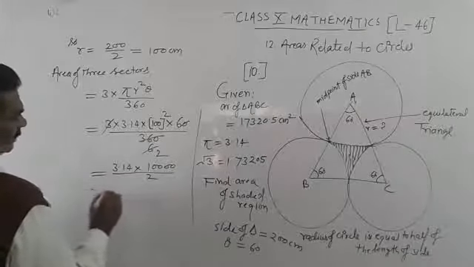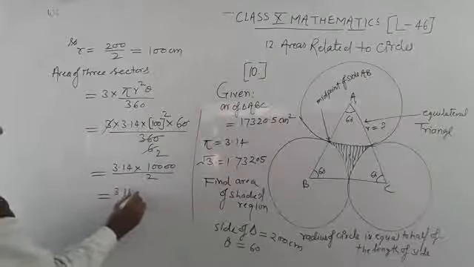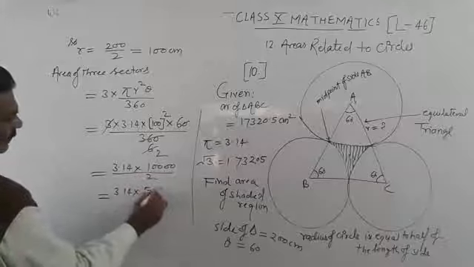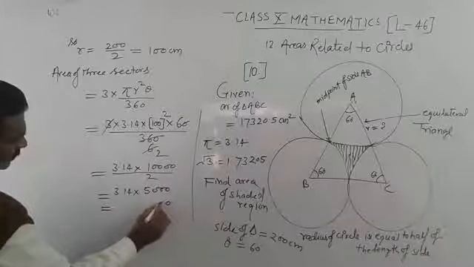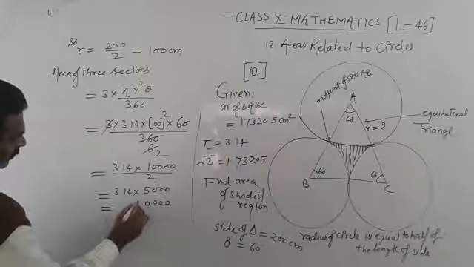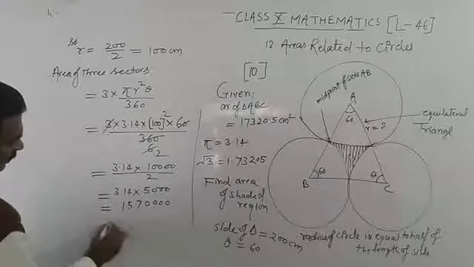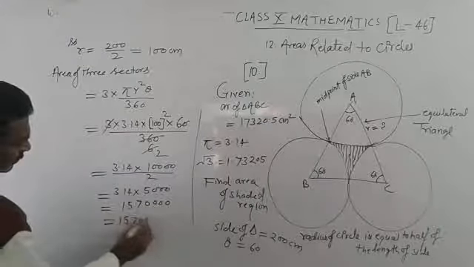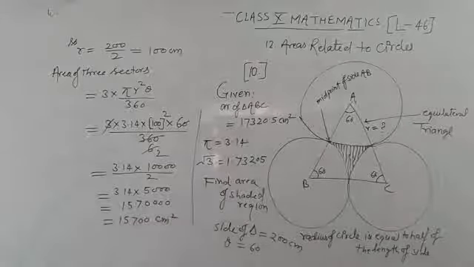Here we can write 3.14 multiplied by 5,000, and after multiplying, I think 15700 centimeter square. This is the area of 3 sectors.